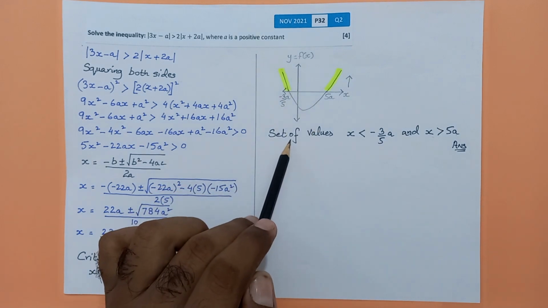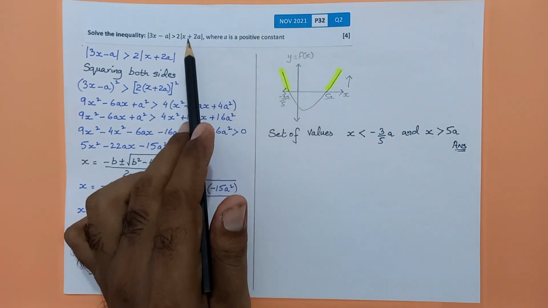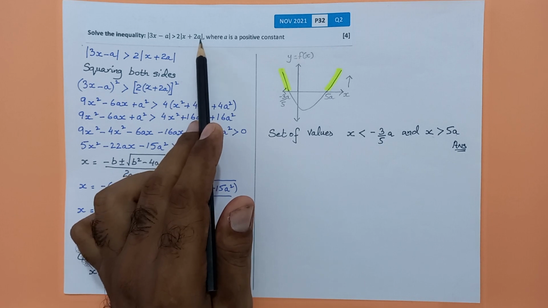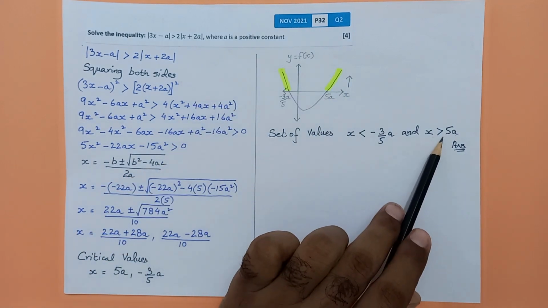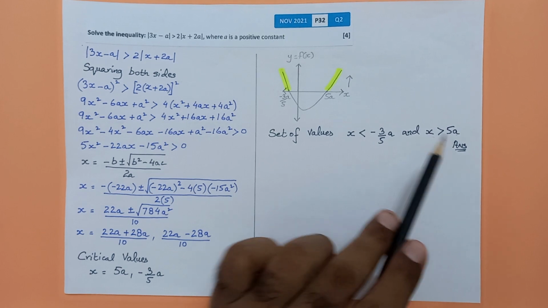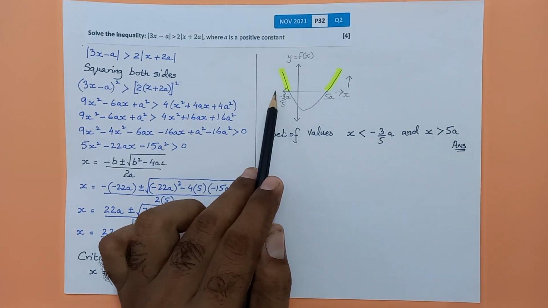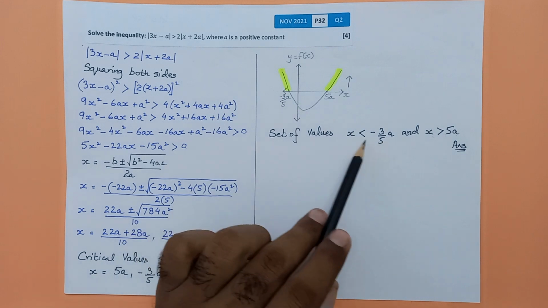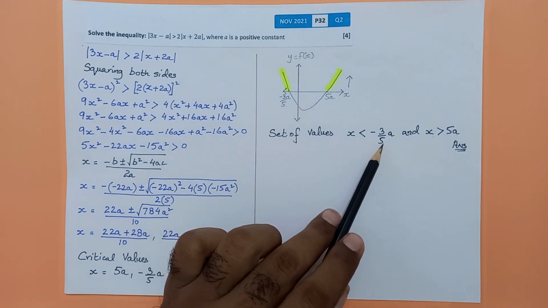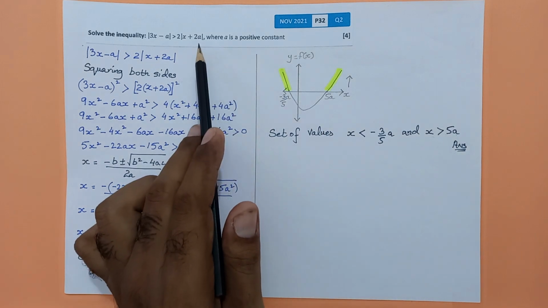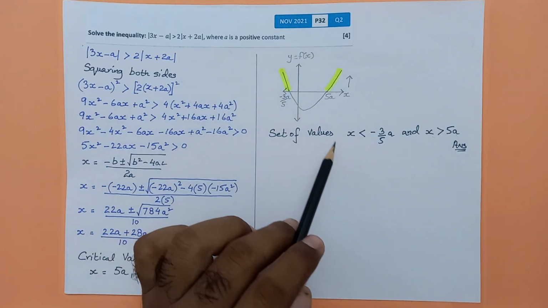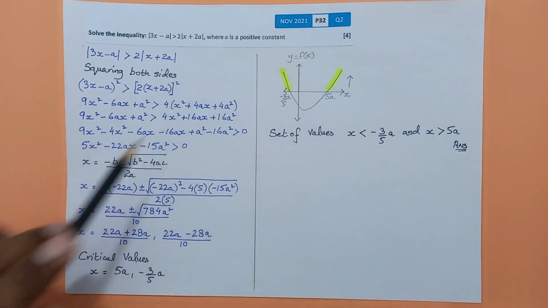So finally we can say that the set of values for this particular given modulus inequality will be all the values greater than 5a, as mentioned over here, x is greater than 5a, and all the values less than minus 3a upon 5 would be the solution for the given modulus inequality. In other words, the set of values for the given condition.